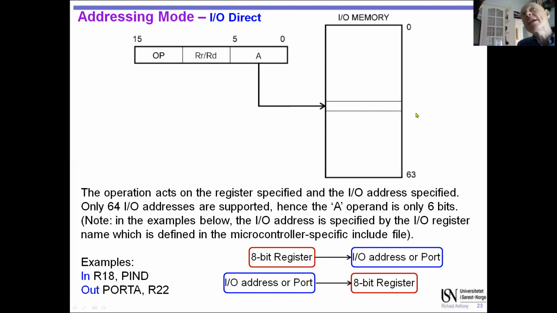But the idea here is that the ports and the basic I/O functionality have their own memory space with their own addressing. It's a different set of addresses. These are not part of your normal variables in memory because of the way this works electrically and the way it connects to the outside world.